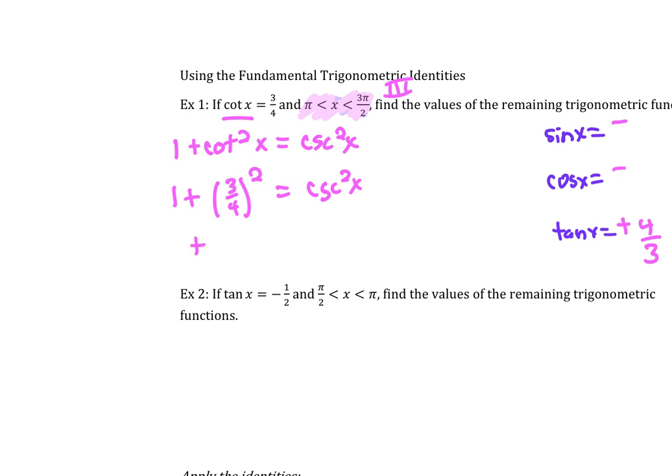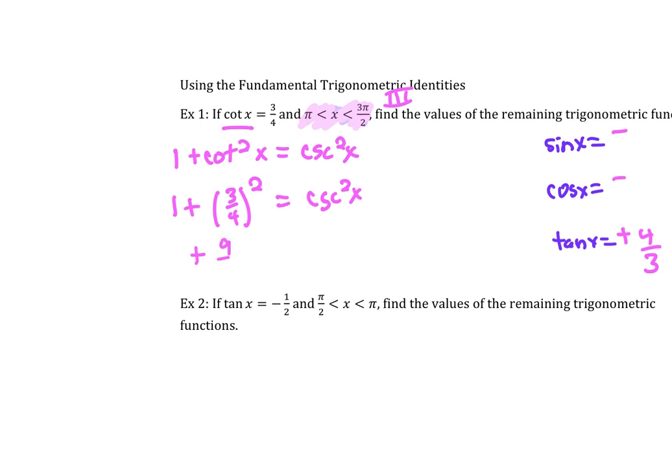If we square 3/4, the 3 squared gives us 9, the 4 squared gives us 16. So instead of writing that as 1 plus 9/16, I want to write that as 16/16 to help with doing the math computation there, right? And that's what cosecant squared is equal to.